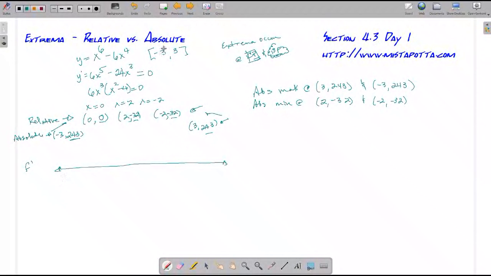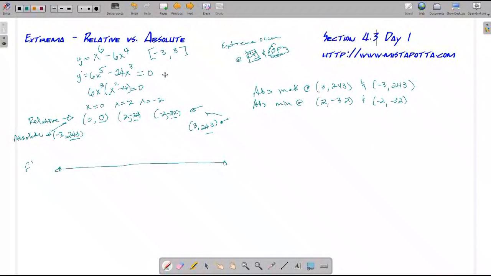I don't want to lock myself in to having to be between negative 3 and 3 when I'm talking about just when is my function increasing and when is my function decreasing. Although when I write my intervals, I'm going to have to include those as boundary points for my domain.